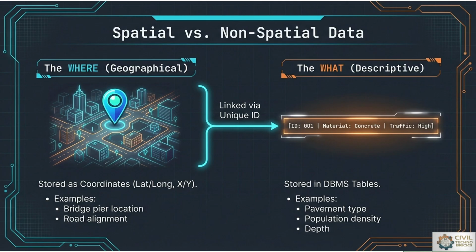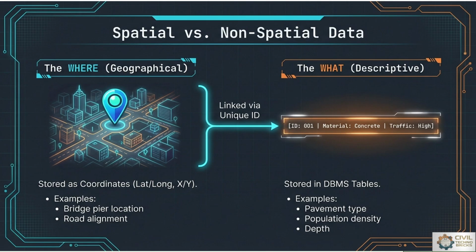So the Global Positioning System, GPS, which is a primary tool for GIS, stores the coordinates, latitude, longitude or XY coordinates. Likewise, just like the example of bridge pier location or road alignment or any tree or any temple. This data is linked via a unique ID or nomenclature to track that record, so that we can take its input in the models or in the comparison of n number of layers.